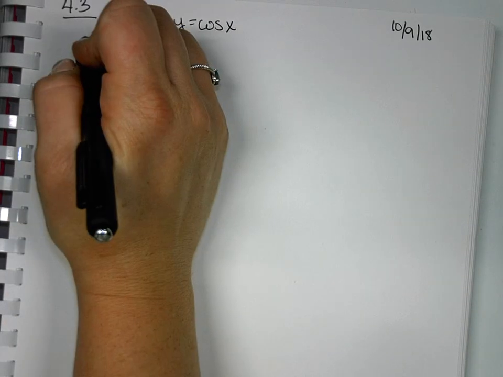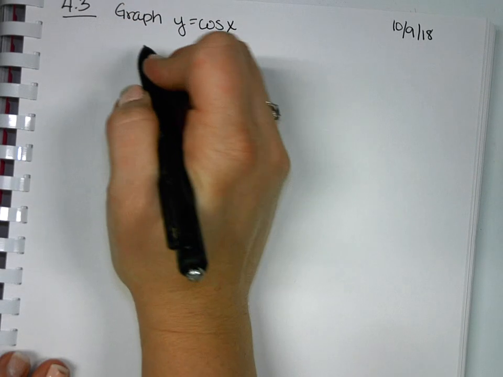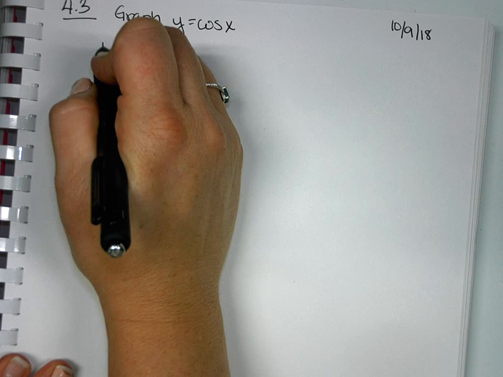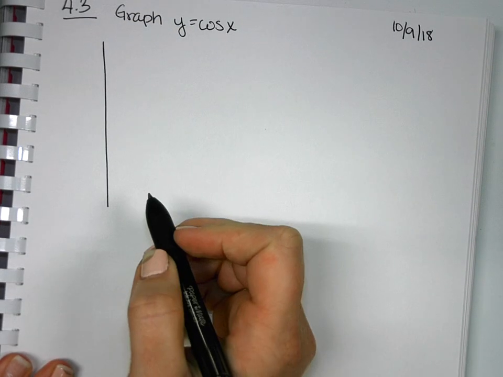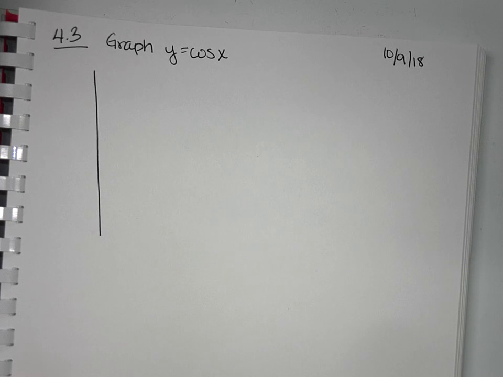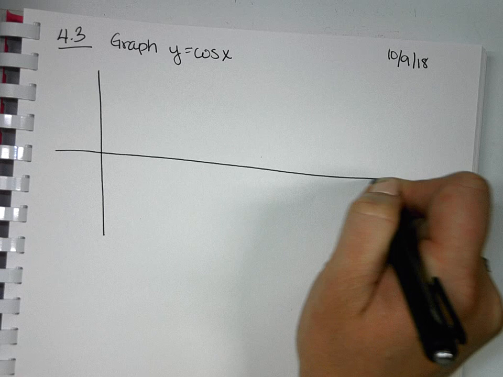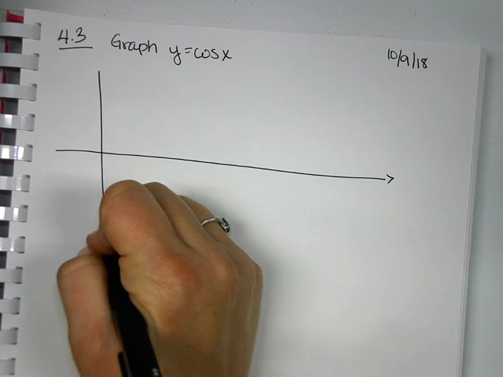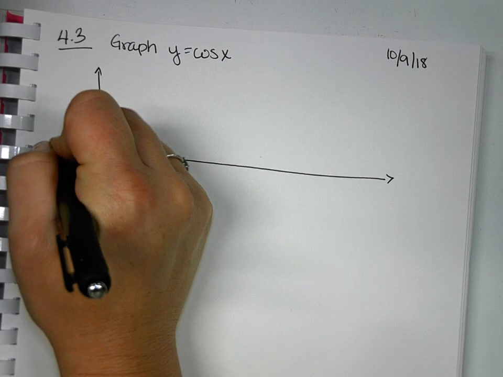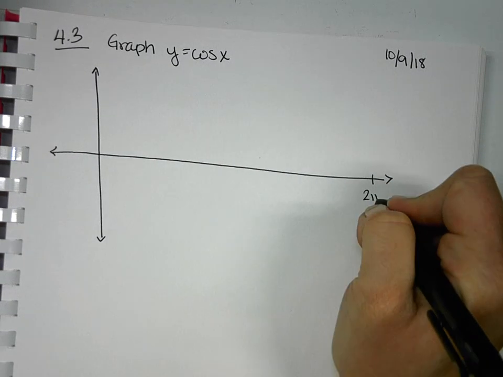For graphing of cosine, we're going to do it very similar to how we did the sine. So I'm going to just make one graph up here, and I'm just going to do my graphs all on the one. Just like sine, we start at 0 and we end at 2 pi.